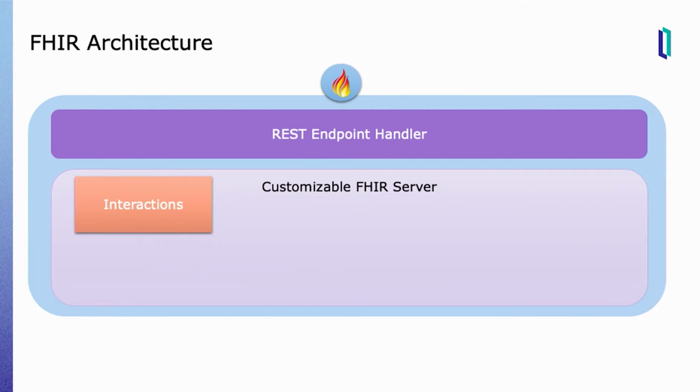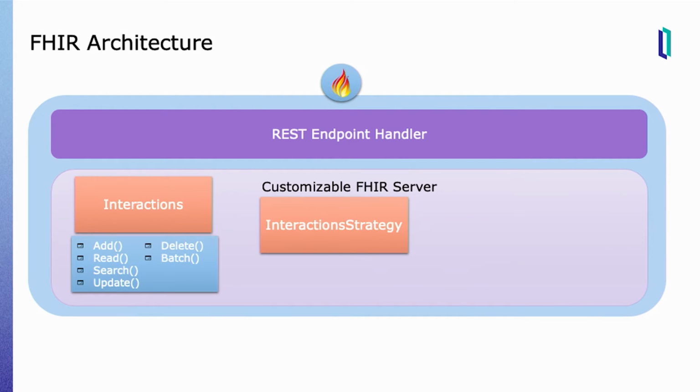In the interaction class, and I'll speak about it later on, I'll have all the methods that the FHIR standards define. What method would I need to override in order to create a resource, to delete a resource, to update a resource, and so forth. In the interaction strategy class, I'll have methods that define that interaction strategy.